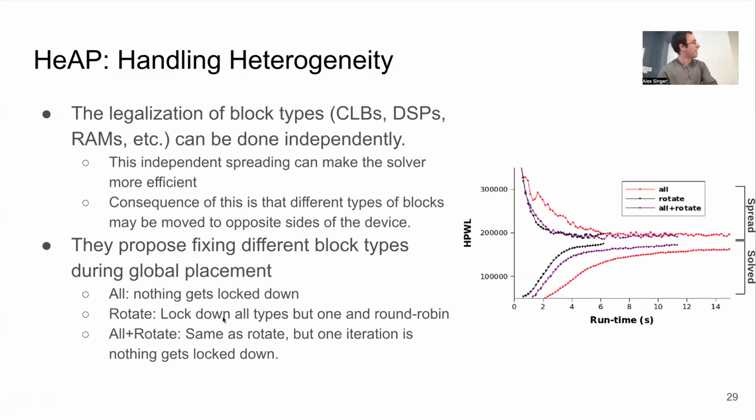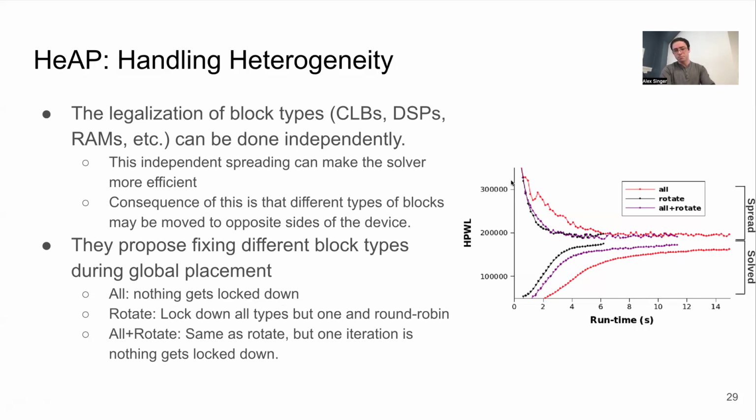Now, what they found is the most stable results, which gave the best HPWL, is the all plus rotate. They argue that the all phase gives them a bit more of a global view of the placement, and the rotate allows things to be more stable when they're moving during legalization versus the global placement.